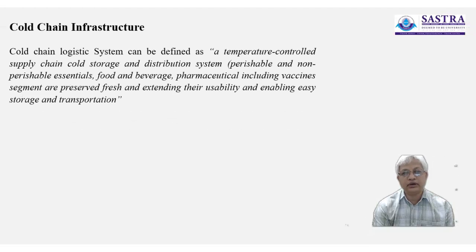Now, having concluded the different types of cargo vessels available for sea shipment, we will now discuss a storage facility which is a very important part of international logistics after transportation, that is cold storage infrastructure.